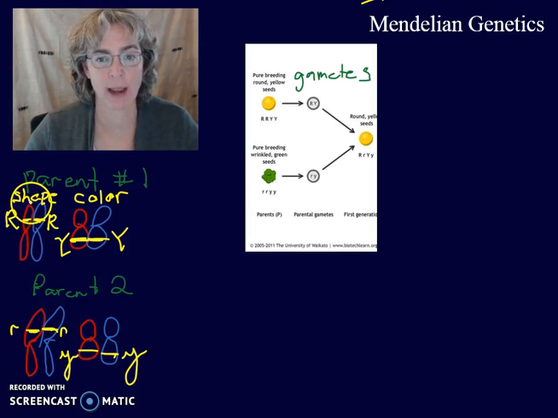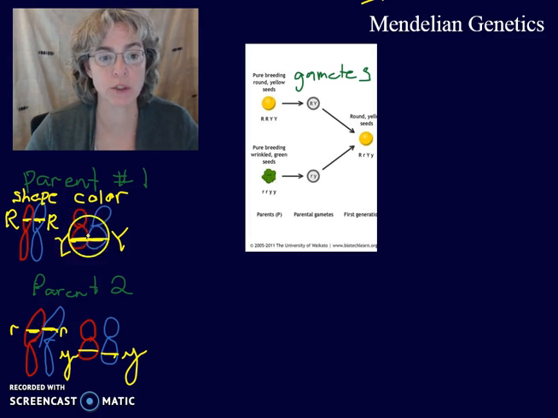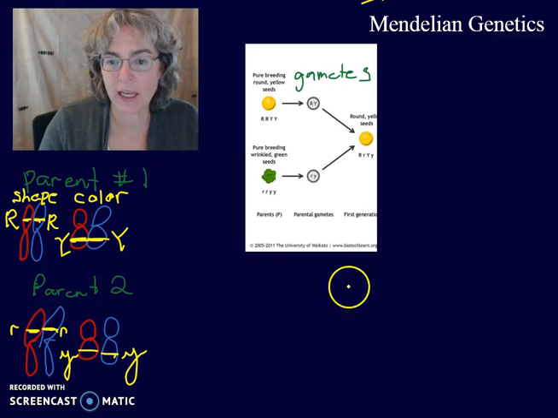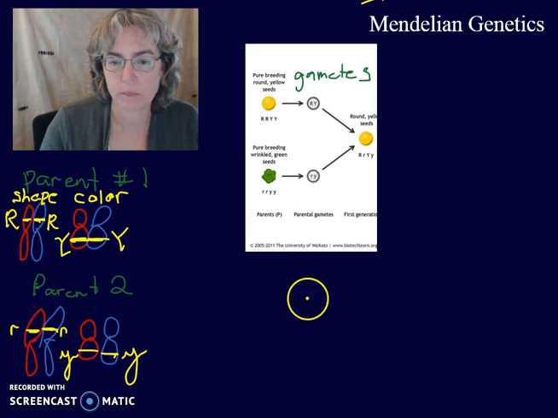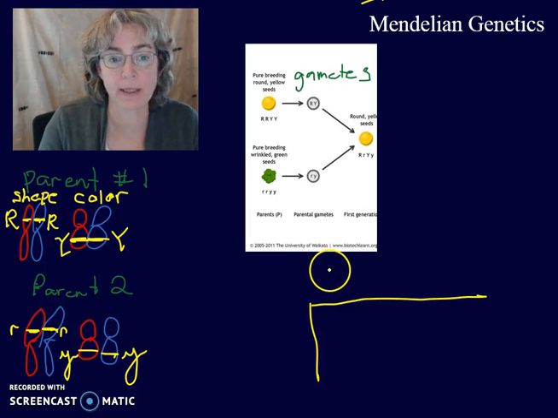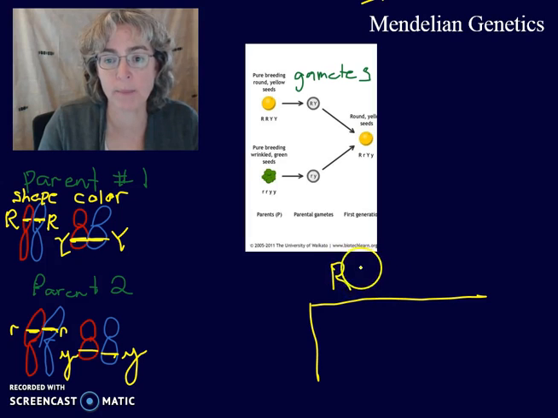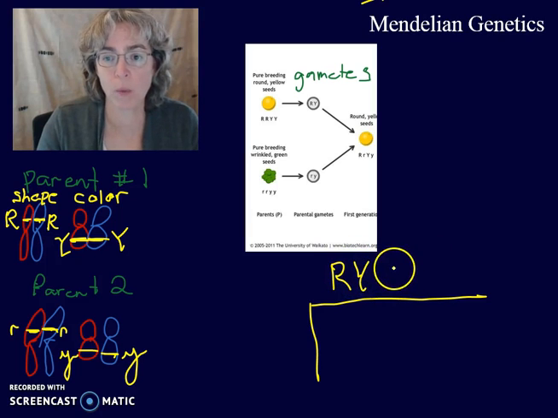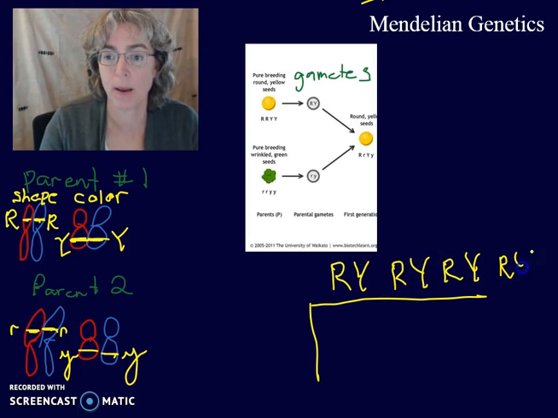In fact, all of our gametes are going to have a big R, and all of our gametes are going to have a chromosome with big Y. So in our Punnett square, remember, we're going to have 4 gametes, but they're all going to be big R, big Y, big R, big Y, big R, big Y, and big R, big Y.